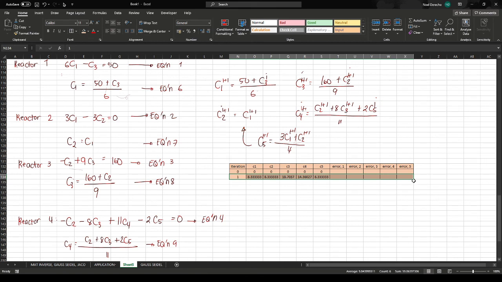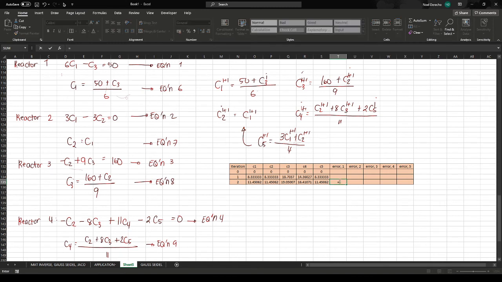Now we can iterate this automatically by dragging. So here I think we can create now a relative error. That is the absolute value of the difference of the old minus the new, divided by the new.